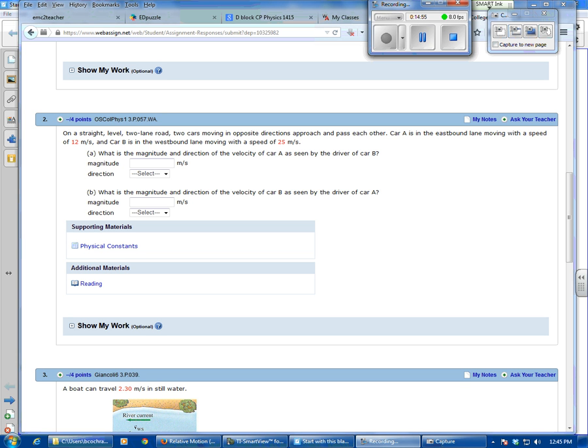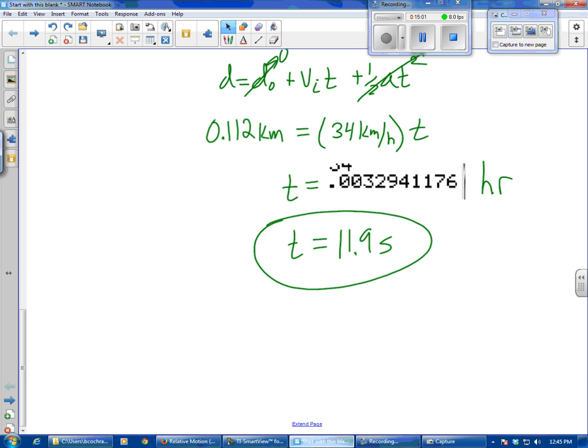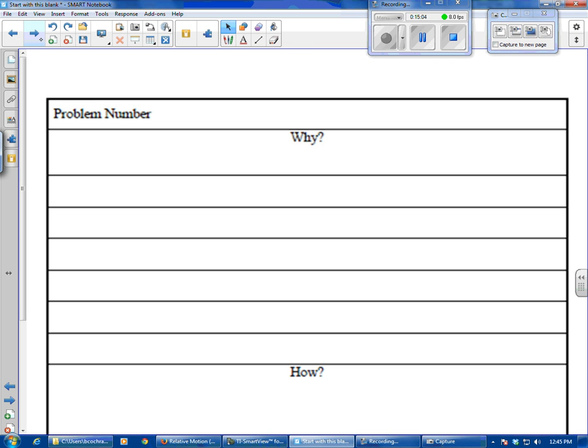All right, number 2. This is number 2. Because I think that will help me the most, and it will show my understanding the most. So let's see. We'll draw the ground in green. We'll have a car. So this one is going to be from the ground's frame of reference.